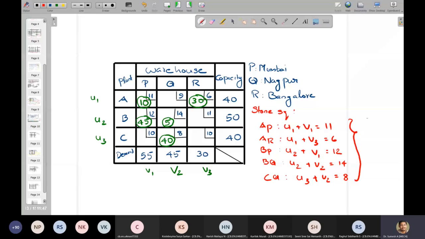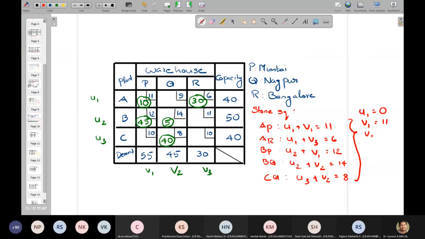Okay, U1 equals 0, you will get V1. V1 is how much? 11, sir. V1 is 11. And V3? V3 equals 6. Right.